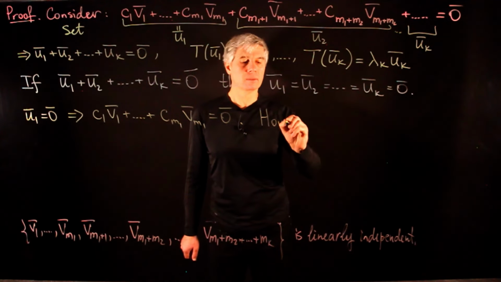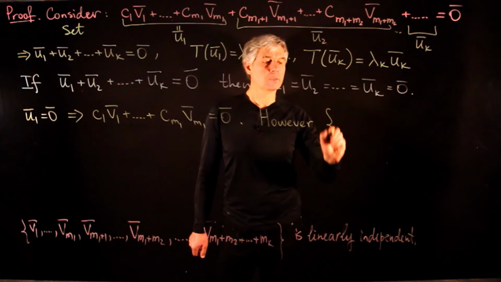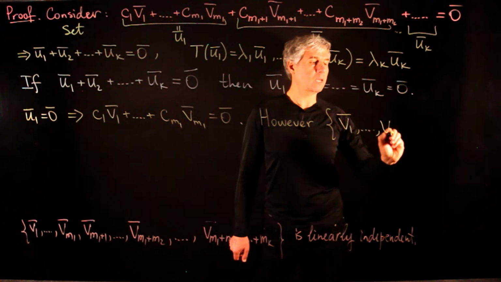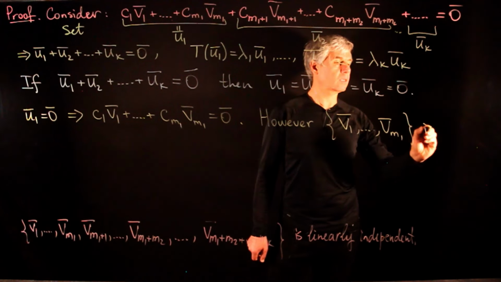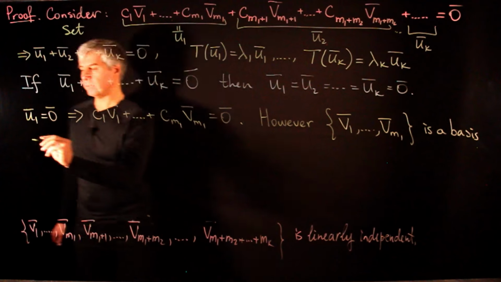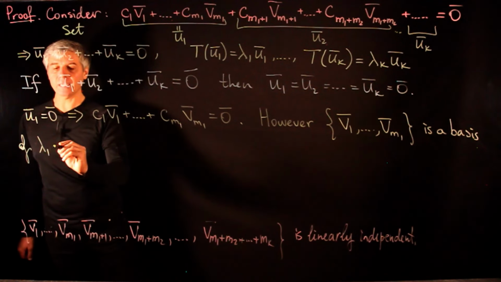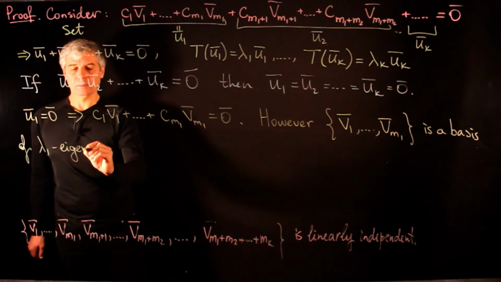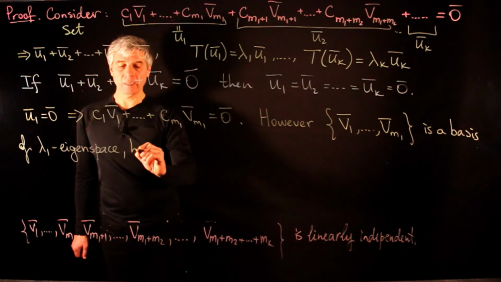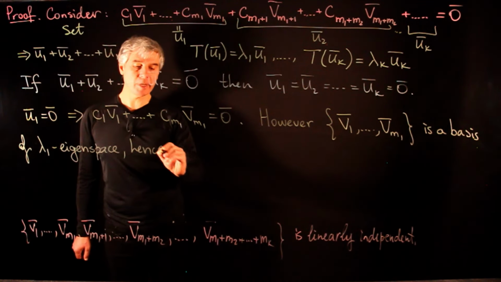However, this set of vectors v1 through vm1 is a basis of lambda 1 eigenspace. And since it's a basis, this set is linearly independent.